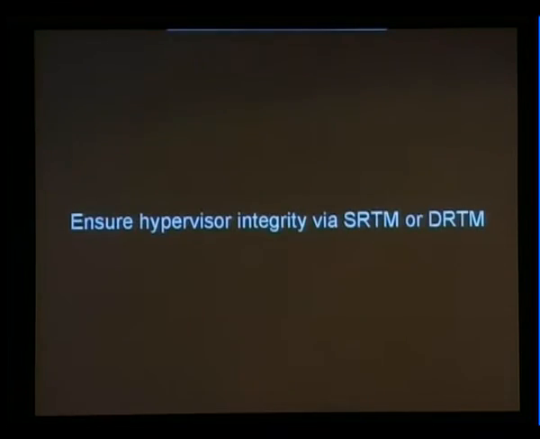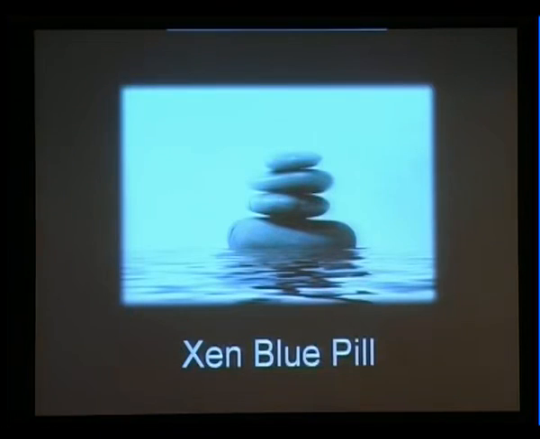So one might think, how can static root of trust measurement or dynamic root of trust measurement be used against this type of attacks? And this is why we use Xen Bluepill, because it's a good demonstration that static root of trust and dynamic root of trust do not really help in the scenario when we attack the already running hypervisor.